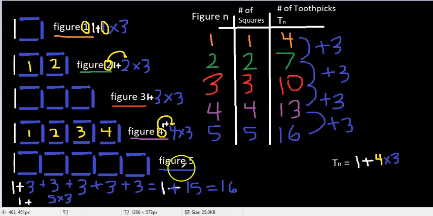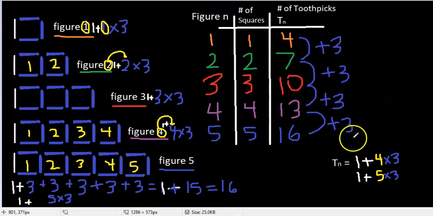For my figure 5, I will have my 1 initial toothpick, this toothpick right here, plus 5 groups, 1, 2, 3, 4, 5 groups of 3 toothpicks, because we have 1, 2, 3, 4, 5 squares.